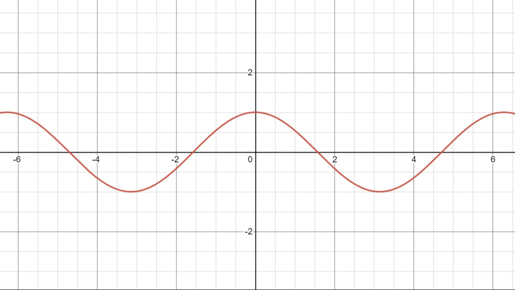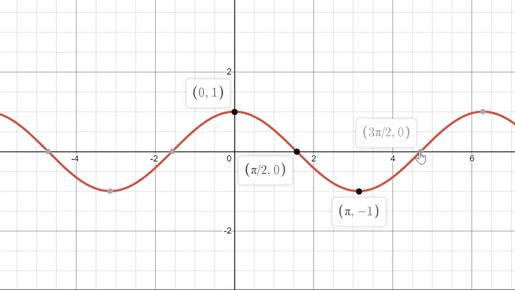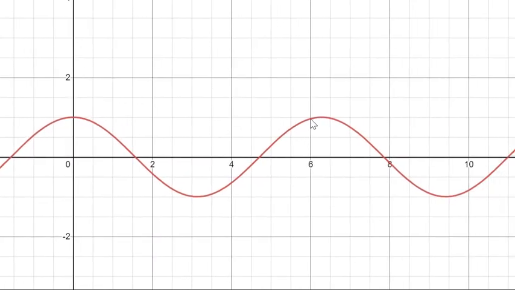So let's look at the values of cos. At 0 you have 1. At pi by 2, cos is 0. Cos of pi is -1. Cos of 3 pi by 2 is 0.